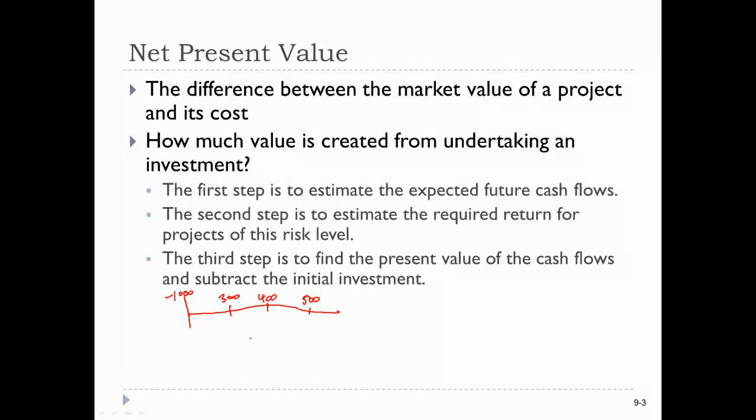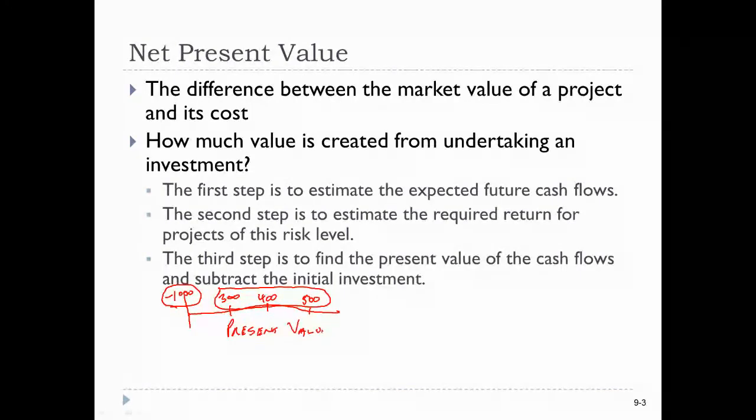Well, ultimately, what determines that is whether the benefits of owning that project, meaning the cash flows that come back from the investment, outweigh the costs of obtaining it, the cost being the $1,000 initial investment. We do need to know that those expected future cash flows outweigh the costs in terms of their present value.